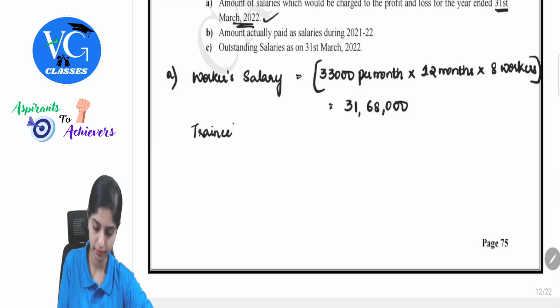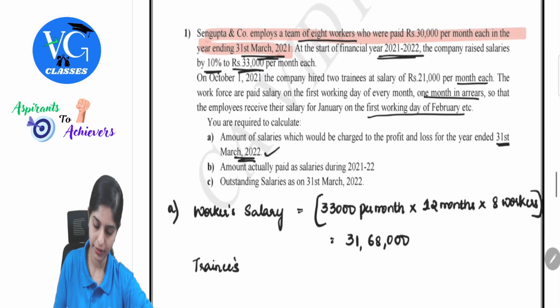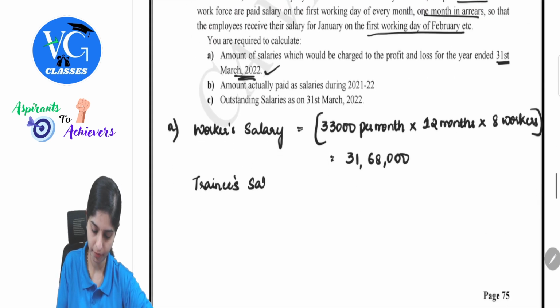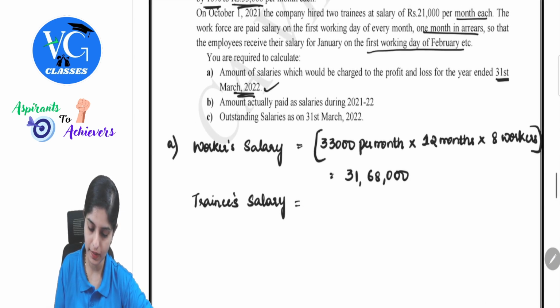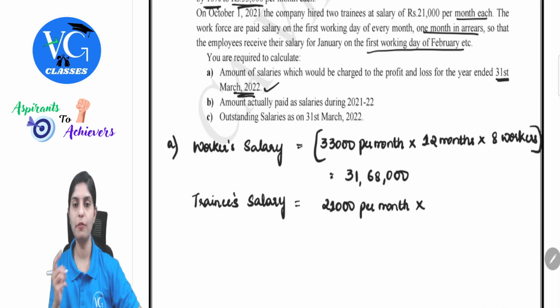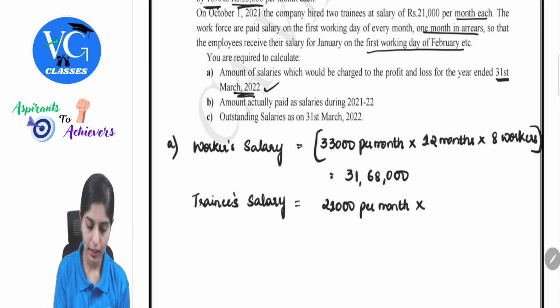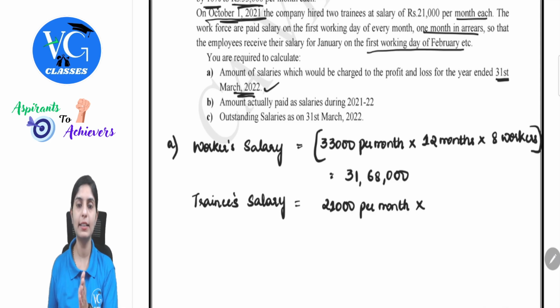Next, trainees salary. There were 2 trainees. Trainees were paid how much? 21,000. Now, observe one thing carefully. The company hired trainees when? On 1st October. So, in the current year, the trainees have worked just from October to March.